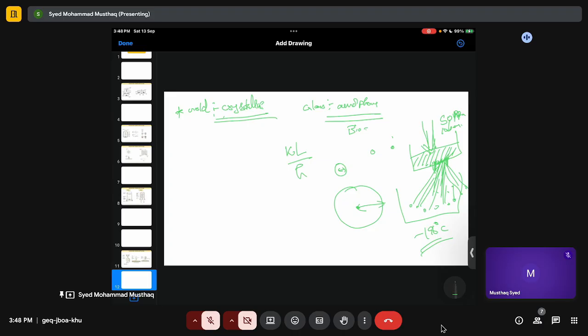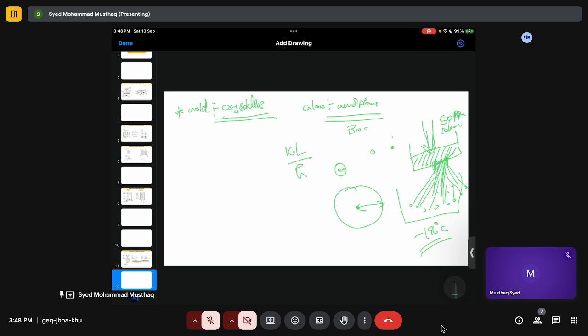That's how heat transfer takes place via conduction. And then you have convection. Convection is basically through the convective flow of gases, the flow of a medium. And then you have radiation.